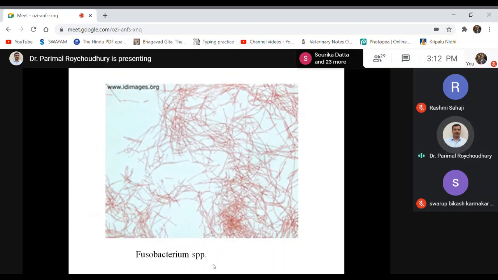Just for your idea, in the identification of bacteria, we start with inoculating the pure culture of the bacteria in liquid broth media as well as in solid culture media, and we study the colony characteristics.